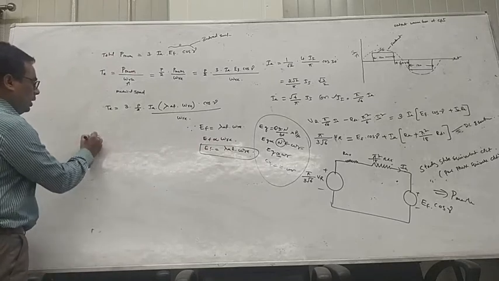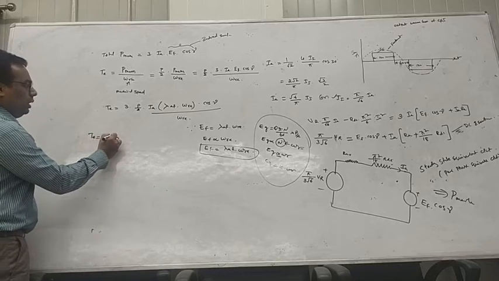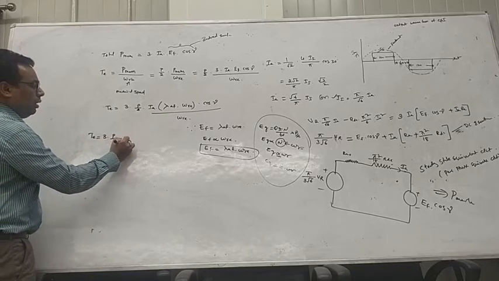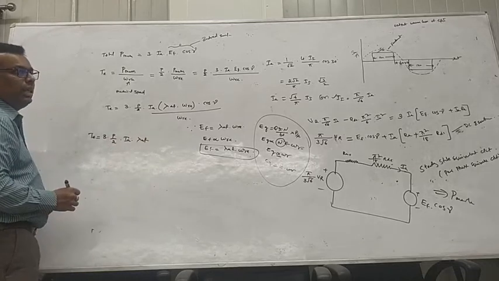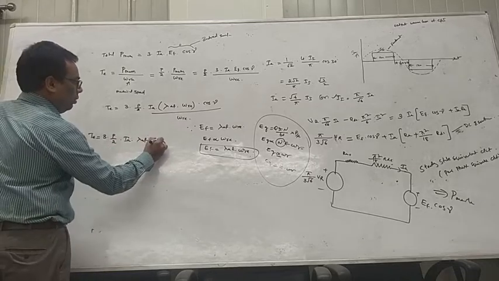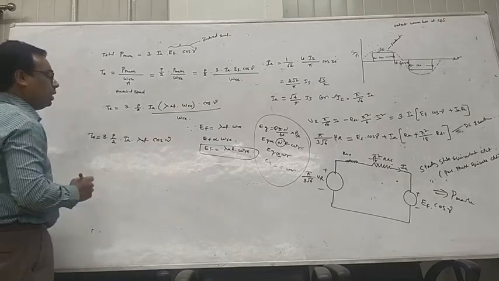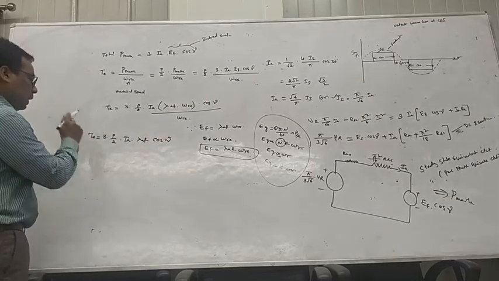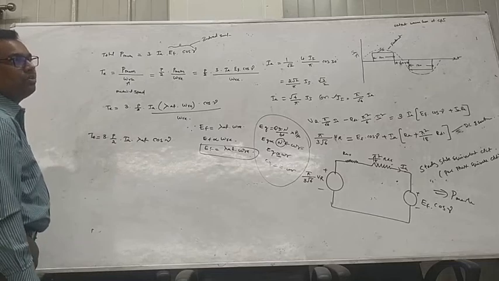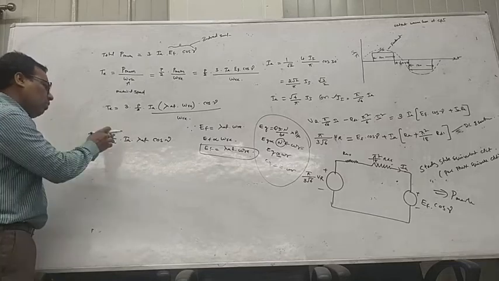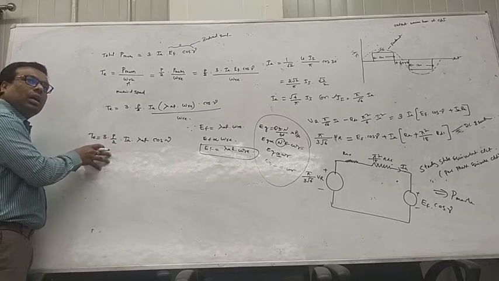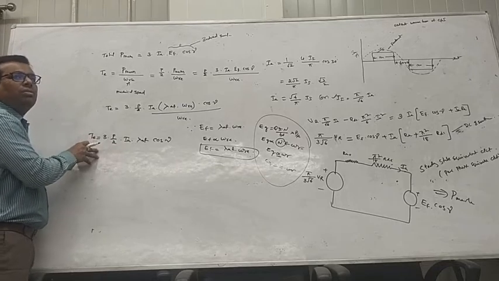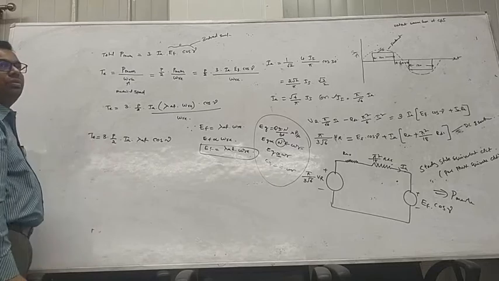So the torque equation is T equal to 3 into P by 2 into IA into lambda AF into cos gamma, where lambda AF is the flux linkage. This is the torque equation of the synchronous motor, and it is analogous to the torque equation of a DC motor.